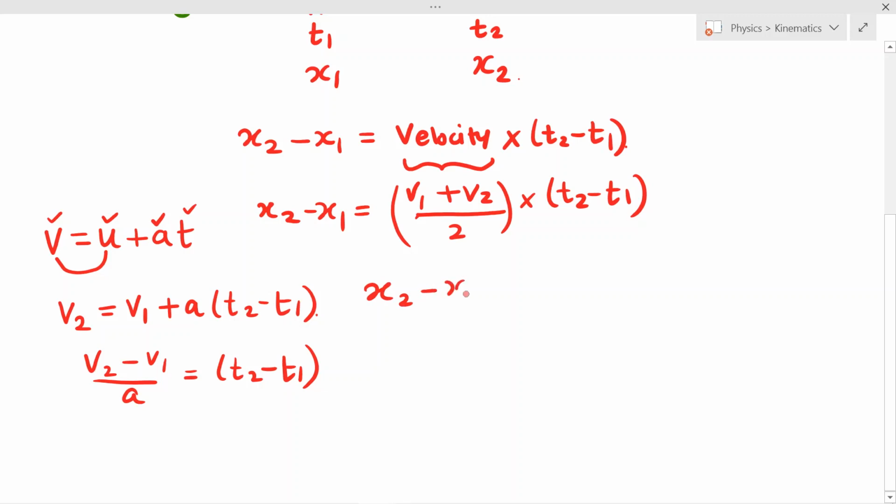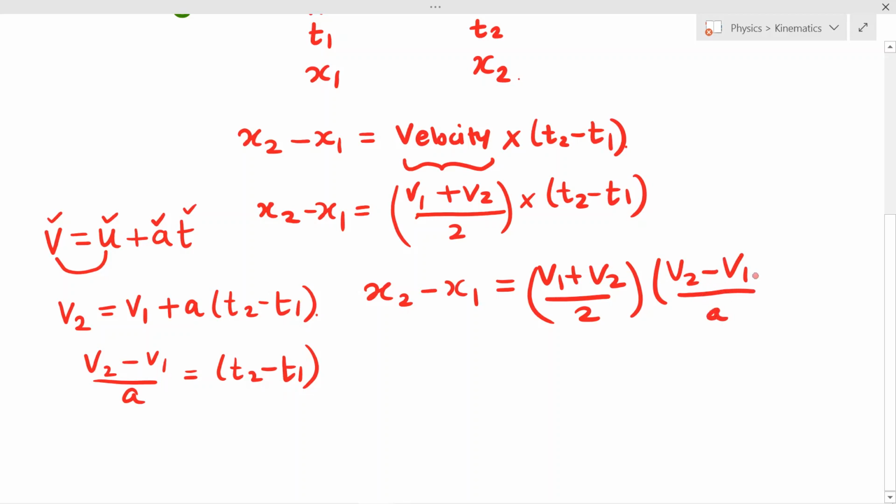So this becomes x2 minus x1 equals v1 plus v2 divided by 2 into v2 minus v1 divided by a. Now this becomes v2 square minus v1 square, because a minus b into a plus b will be a square minus b square, divided by 2a.